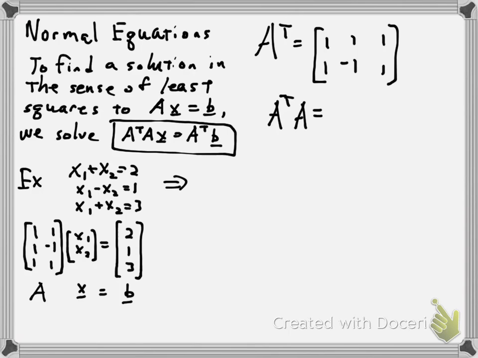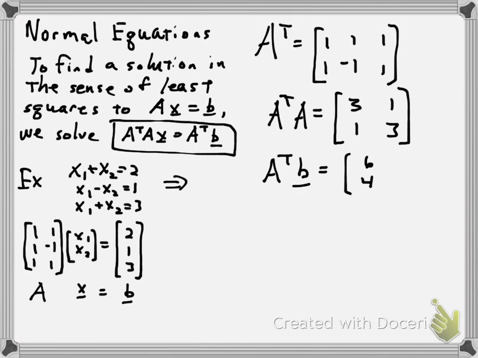I'll ask you to check that. If we do A transpose A, we get a 2 by 2 matrix that looks like 3, 1, 1, 3. Notice that it's symmetric, not just a coincidence. If we compute A transpose b, we get the vector 6, 4. And so now we solve this 2 by 2 linear system for what I'll call x hat.